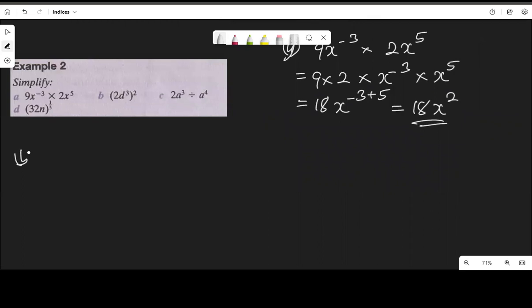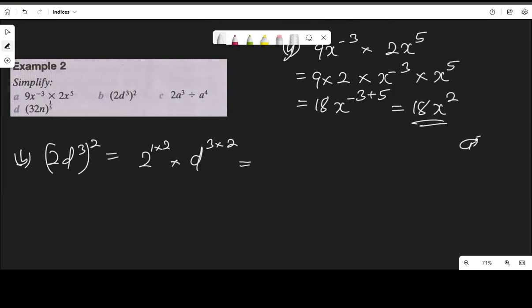Then for the b, we have 2d to the power of 3, all to the power of 2. These two outside here affect both 2 and d to the power of 3. So this will be 2 to the power of 1 multiplied by these 2 here, then multiply by d to the power of 3 multiplied by 2.